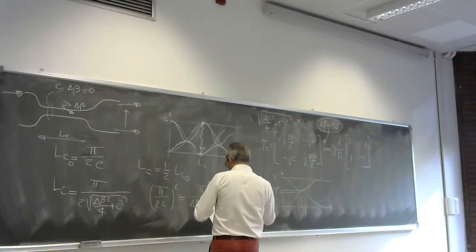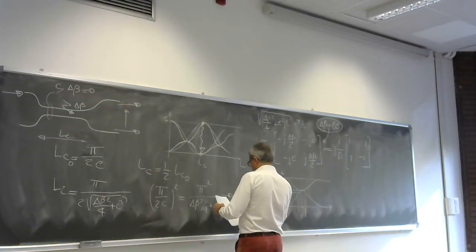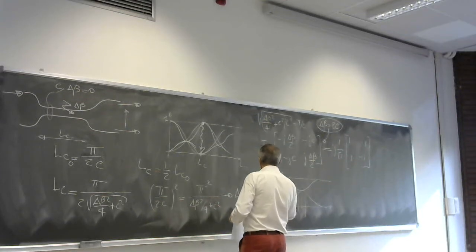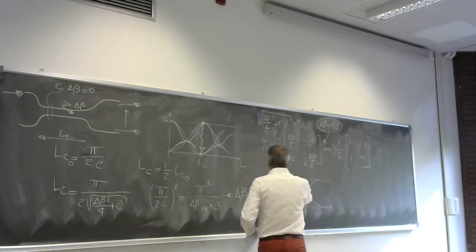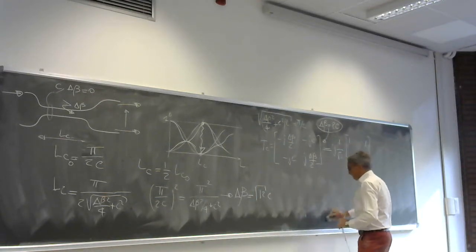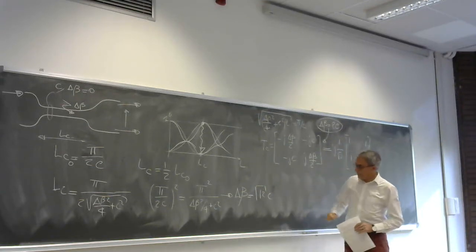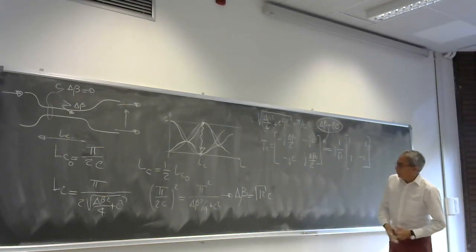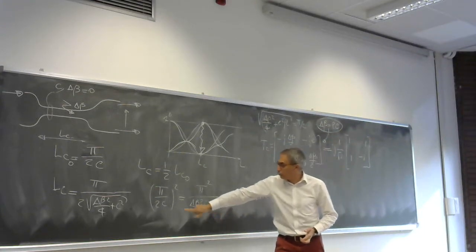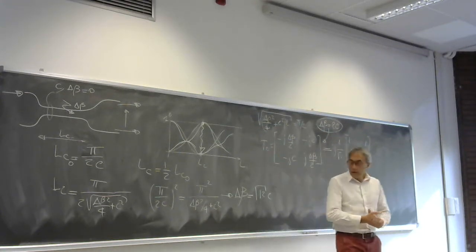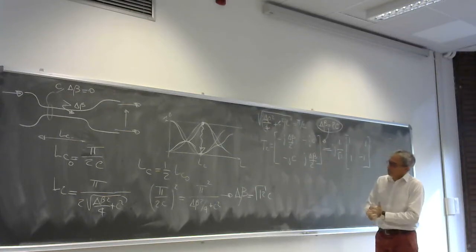And what we get is delta beta equal to square root of 12 C. A strange number, but you can calculate it.